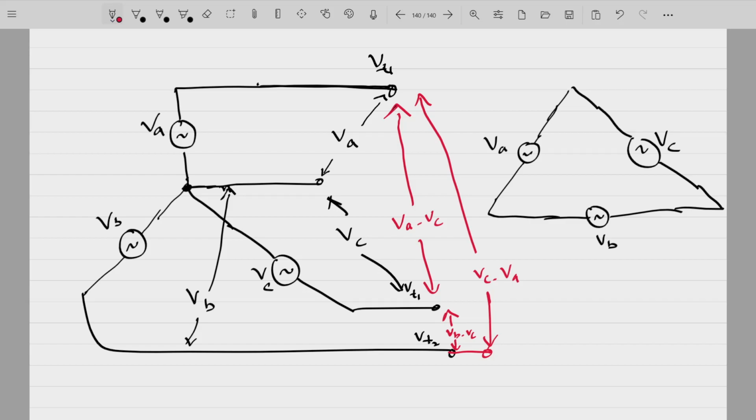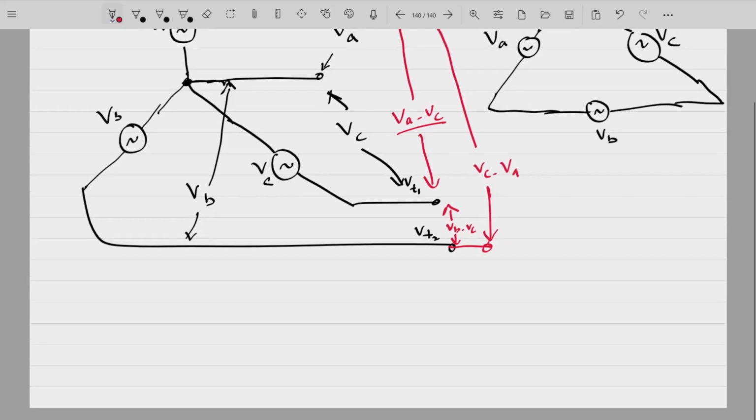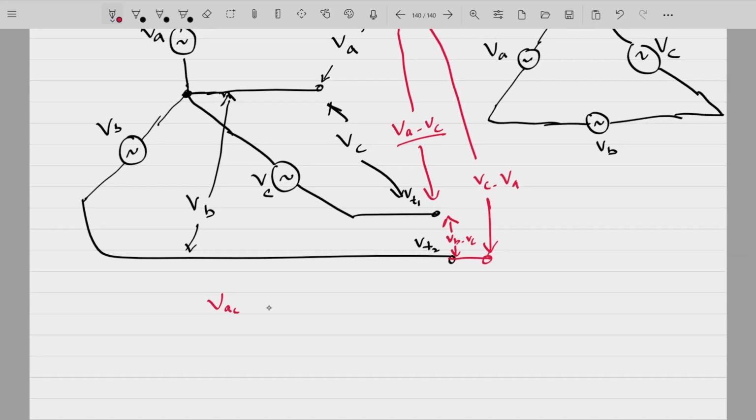Now there are three phase voltages that are available to you, but there are six line voltages. How six? This is VA minus VC. It's also VC minus VA. VA minus VC इसको simply हम ऐसे represent करते हैं VAC. It's actually VA minus VC, and also available to you is VC minus VA.